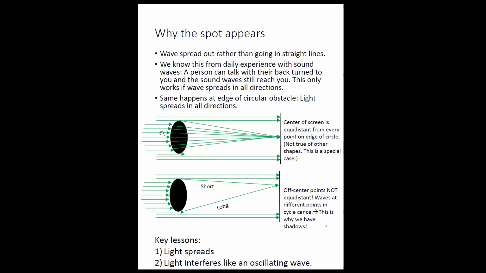And because it's equidistant from every point on the edge of the circle, every path that light could take from the edge of the circle to here takes the same amount of time. So all the waves arrive at the same point in their cycle, which means they add up constructively, like we discussed with waves before, earlier in the semester. So if they add up constructively, we must get some pretty bright light here.